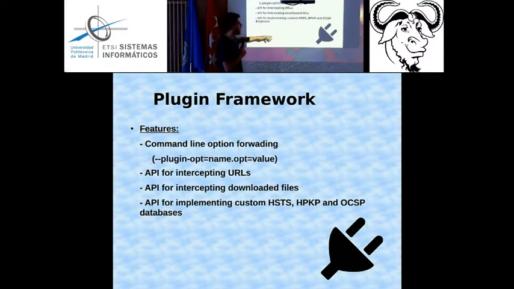We have a markdown file which is like a user manual, so you have there a lot of information if you want more than I'm going to explain here. It has an API for intercepting URLs, which is especially for recursive mode. If a plugin is loaded and running, before WGET adds a new URL to the queue to be downloaded, the plugin has the option to reject or accept that URL, and that has the highest precedence.